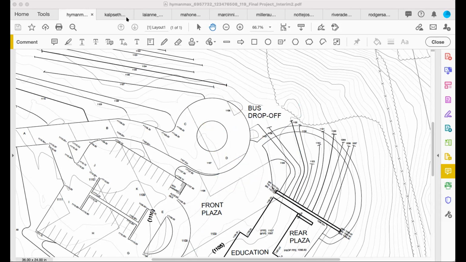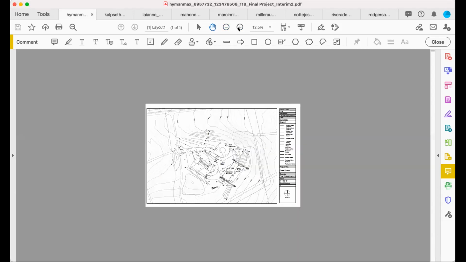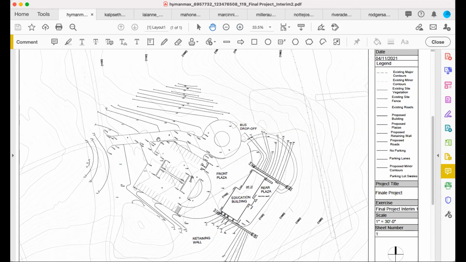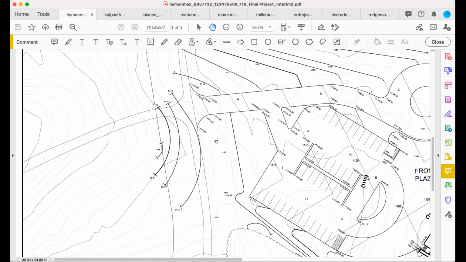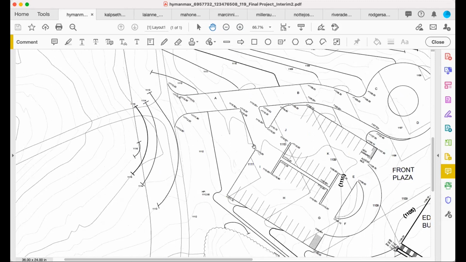Going to zoom out again and see if there's contour issues. Again, try to label your contour number very clearly so I don't need any efforts to identify where I am.